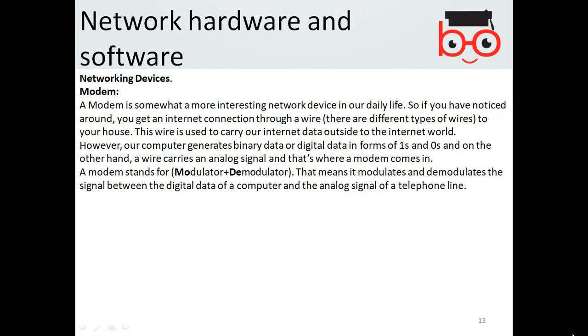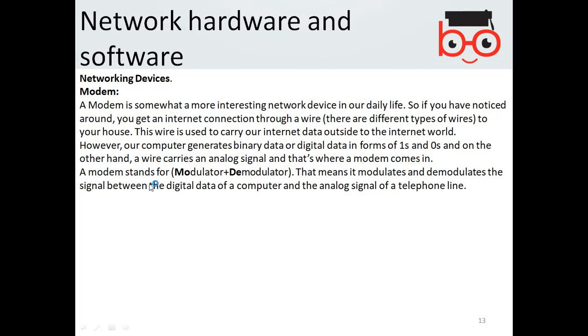I hope you are able to understand the difference between analog and digital. The analog communication signal travels as a sine wave, while the digital signal works as a straight line. You can have a look at the difference between digital and analog transmission, and you will get pictures on Google very easily.